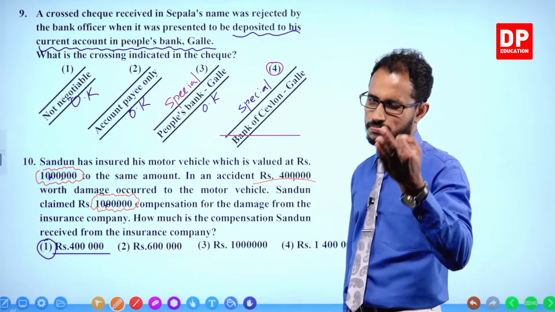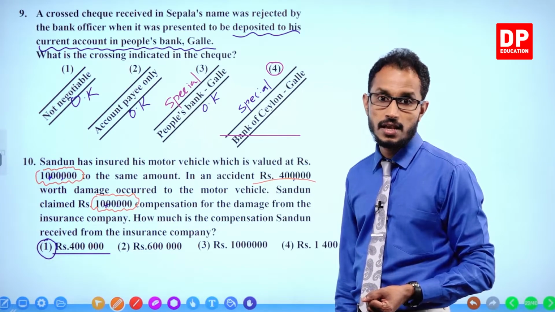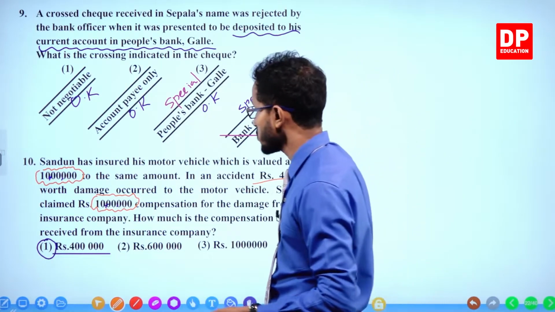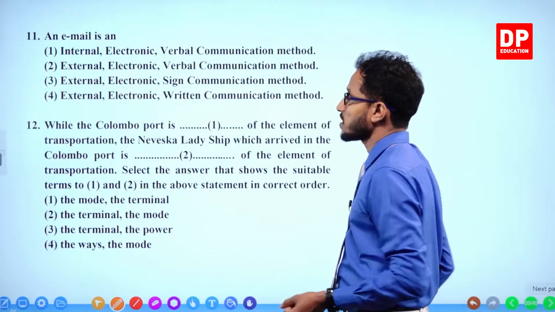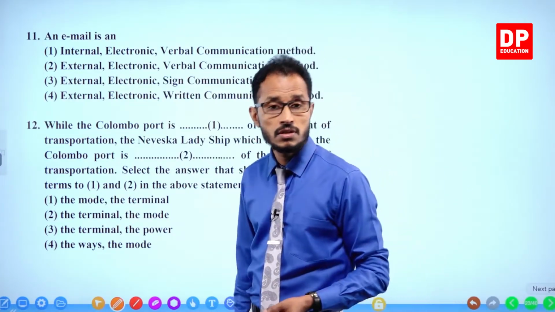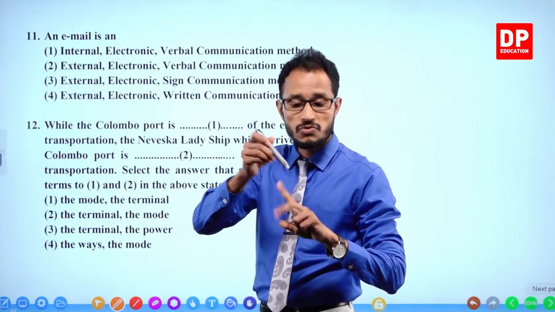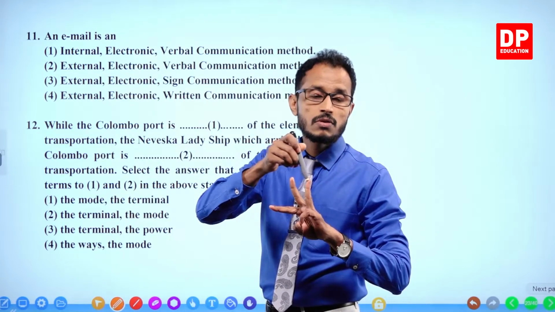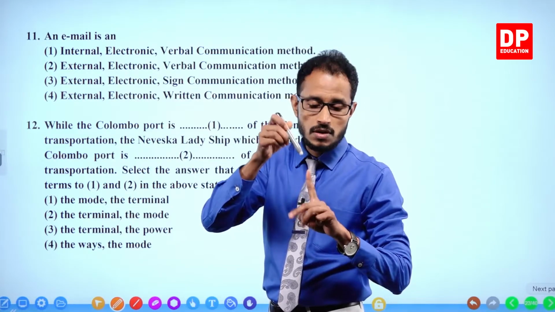The principle of indemnity. Now, do you remember the principles of insurance? What are the principles of insurance? Indemnity, utmost good faith, and what is the next one?